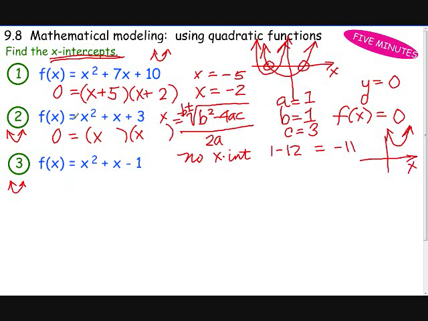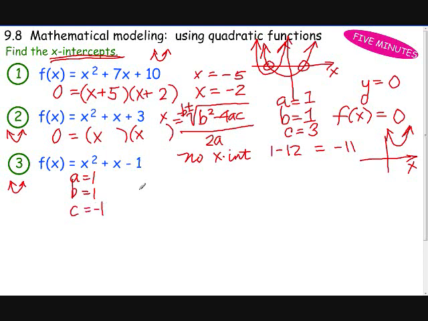Okay, let's try this one. Maybe I'll go straight to the discriminant this time. We know that our b is equal to 1, our a is equal to 1, and our c is equal to negative 1.